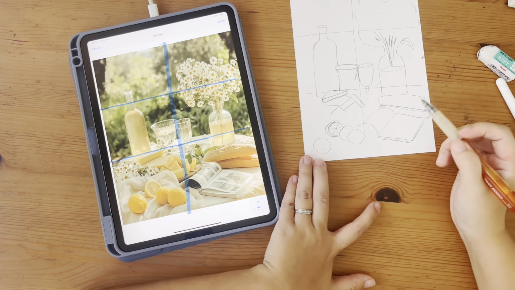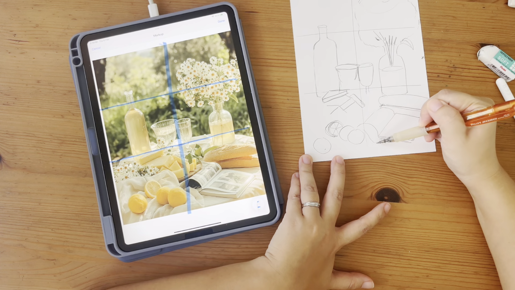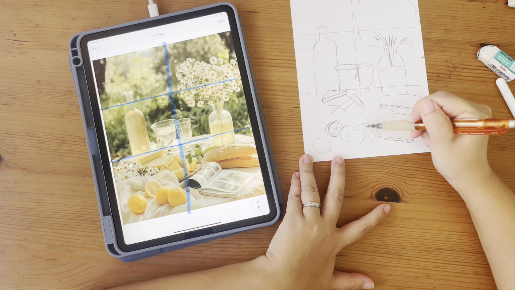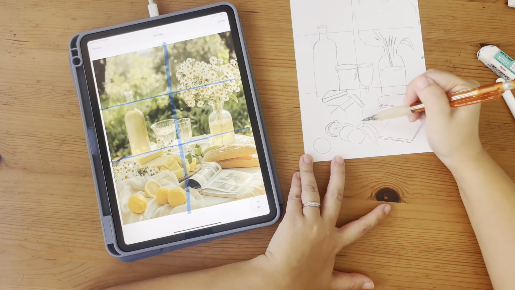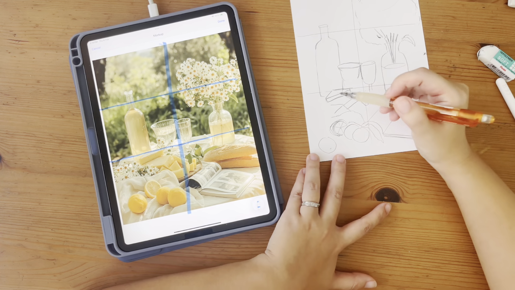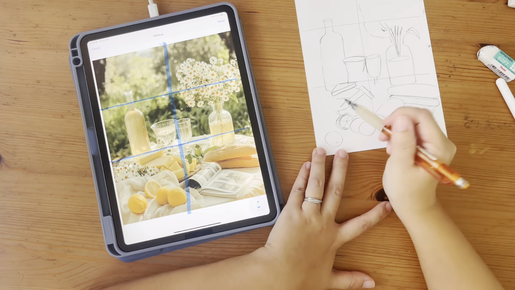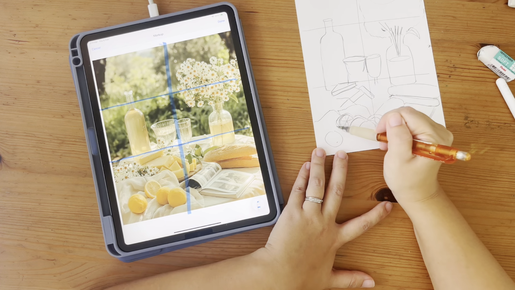So now up to you if you are going in to draw the cloth, the linen that is housing all the lemons. Sometimes drawing a little too much detail when you're sketching can make things a little confusing, and it makes the artwork a little bit rigid later on.